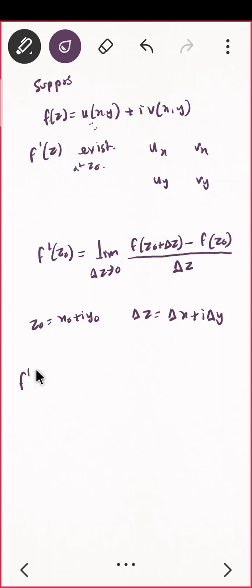Then f dash of z is equal to the limit as delta z tends to 0 of f of z naught plus delta z. Do you see the first coordinate? What will be u? z naught plus delta z, so it will be x naught plus delta x.